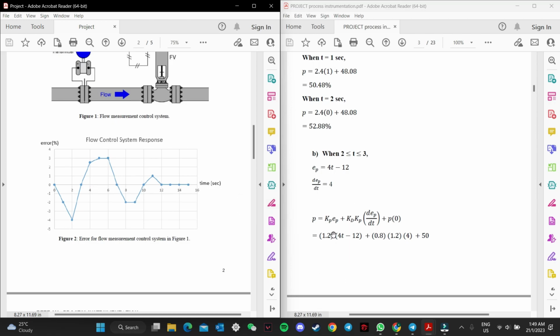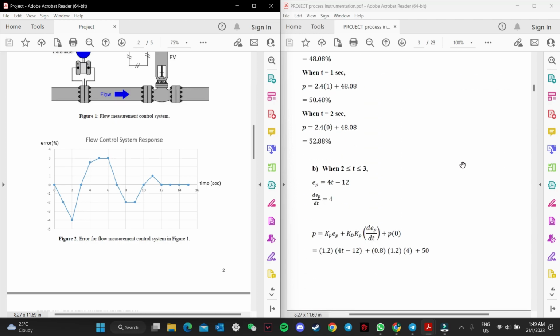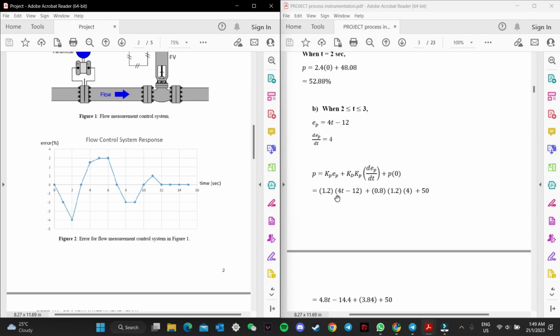We just use back the parameter values for the proportional gain, the derivative gain, and the proportional output at 0 seconds, and substitute back, and we will obtain the following result.